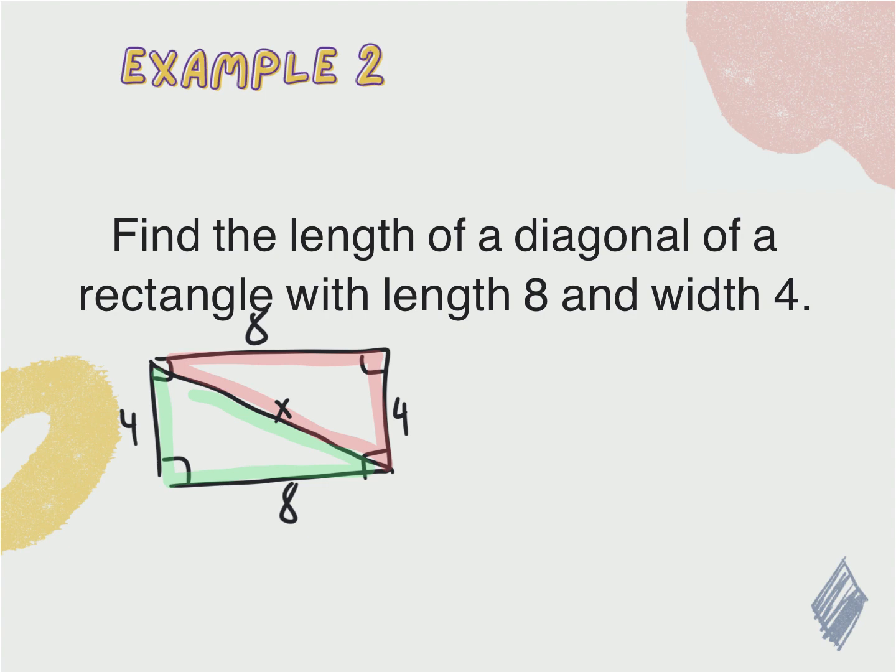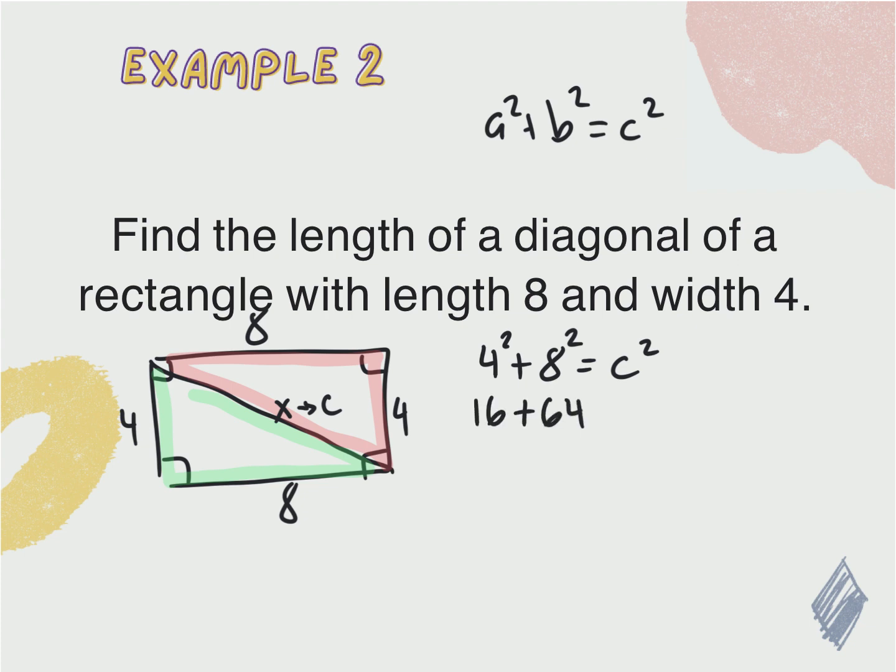So it doesn't matter if you put the 8 first or the 4 first in the formula a squared plus b squared equals c squared. I'm just going to put the 4 squared first plus 8 squared equals c squared. Now x is c because it's the hypotenuse. So we get 16 plus 64 is equal to c squared. 16 plus 64 is equal to 80.